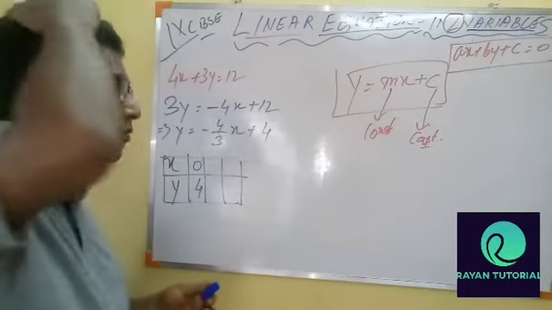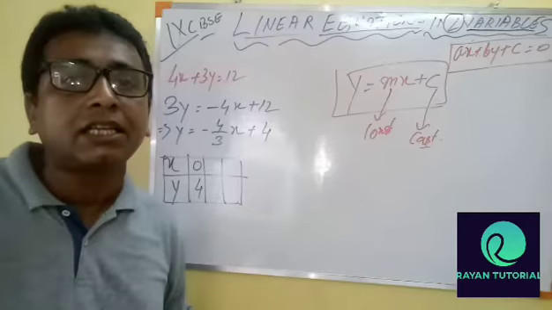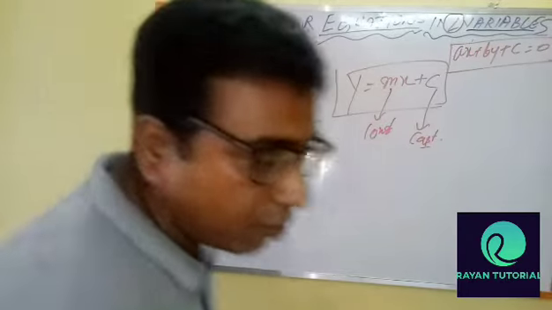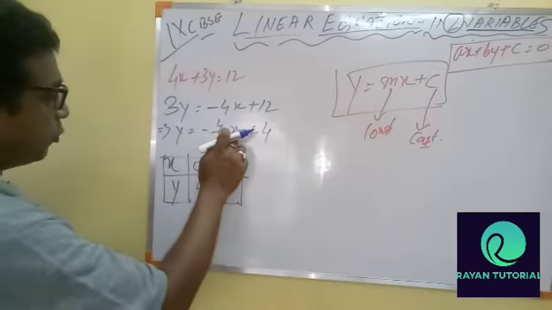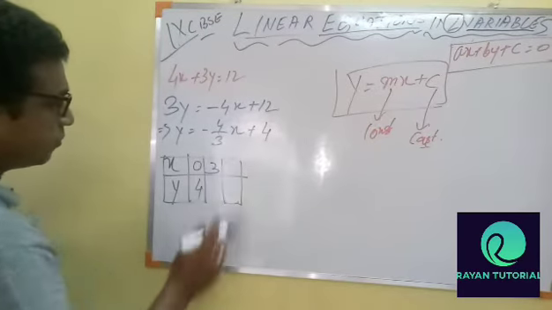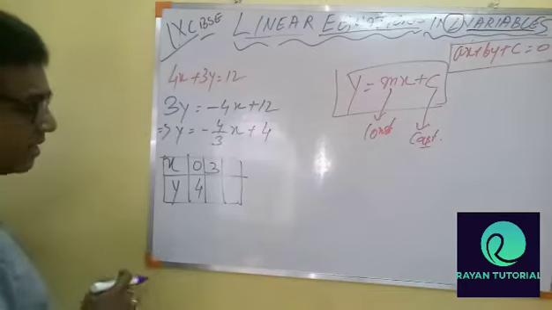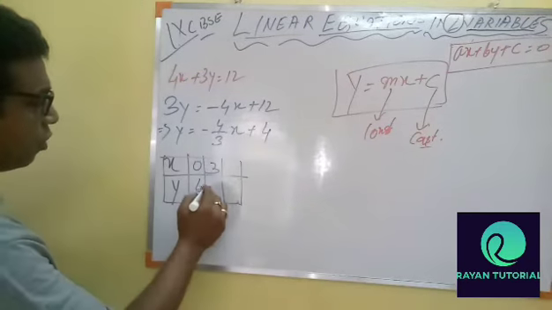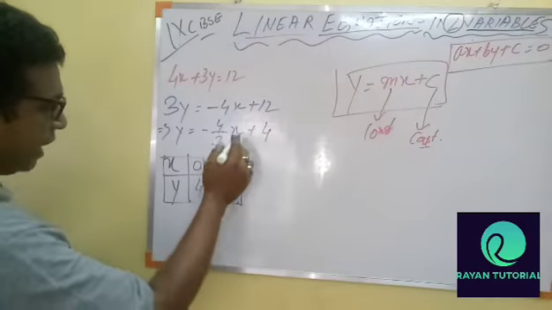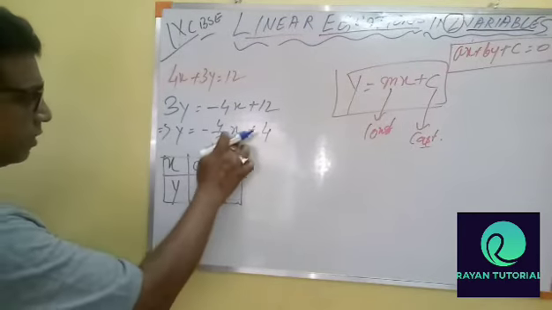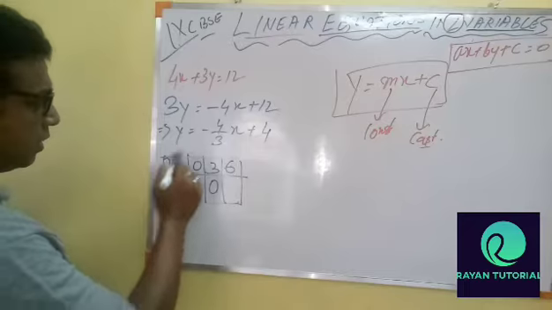It will be easier for you to represent it on a number line or in a graph, wherever you want. Now if I put x equals 3, that 3 gets cancelled, minus 4 plus 4, y equals 0. If I put x equals 6, 3 twos are 6.